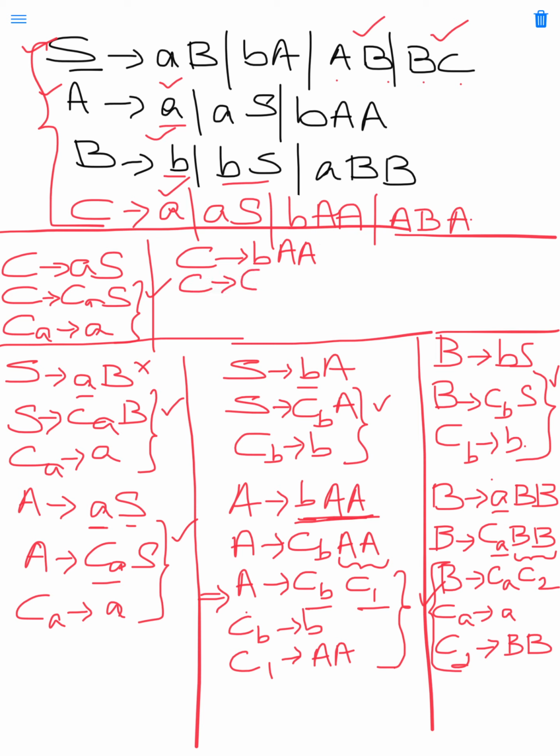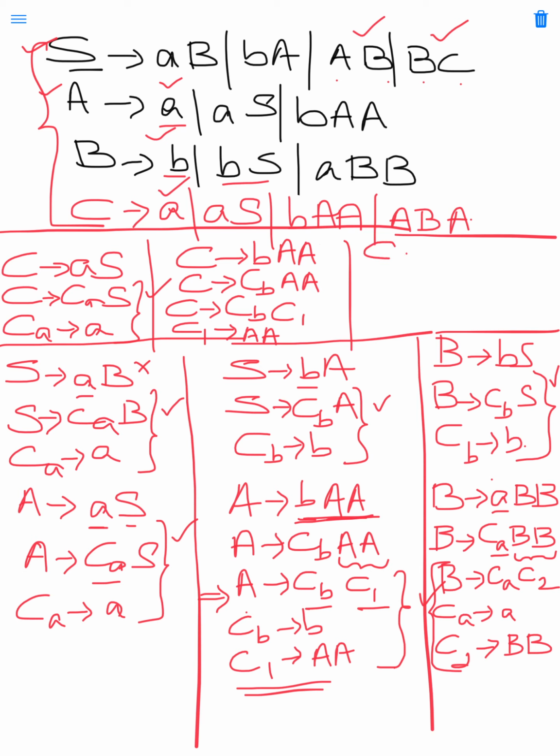C gives CBAA and group the non-terminals as C gives CB C1. Already AA is defined as C1 here. Okay, so you can write there C1, and C1 is AA.